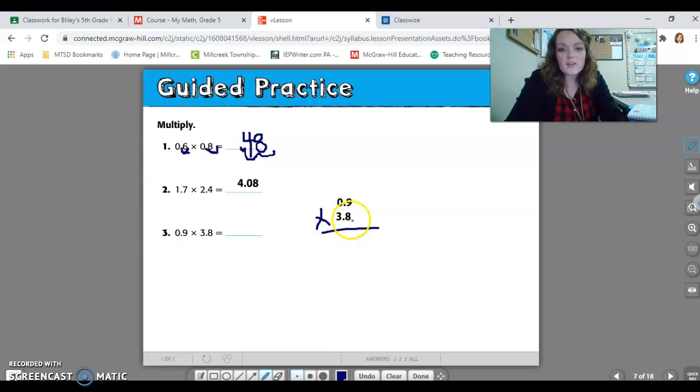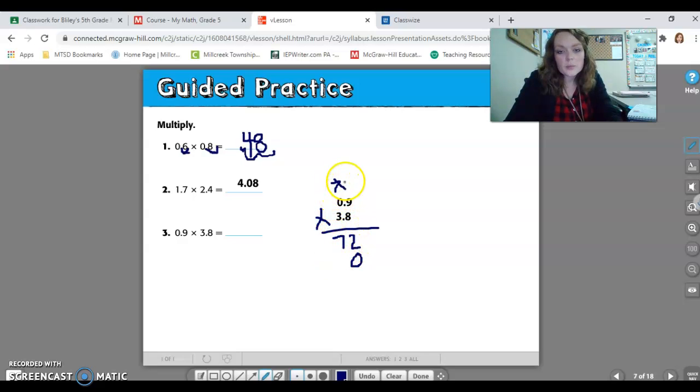Okay, first I have 9 times 8, 72, carry my 7. 8 times 0 is 0, plus 7 more is 7. Remember, I'm switching to the second digit in my number, so I need to put my magic 0. 3 times 9 is 27.